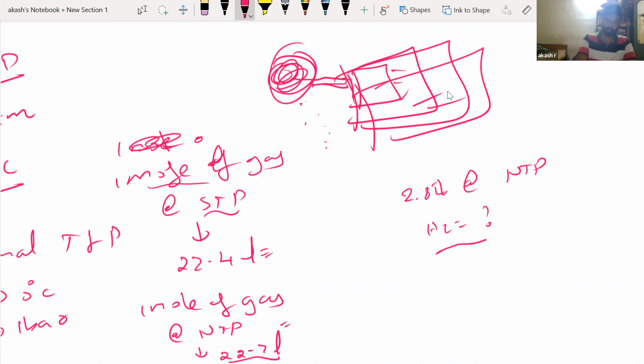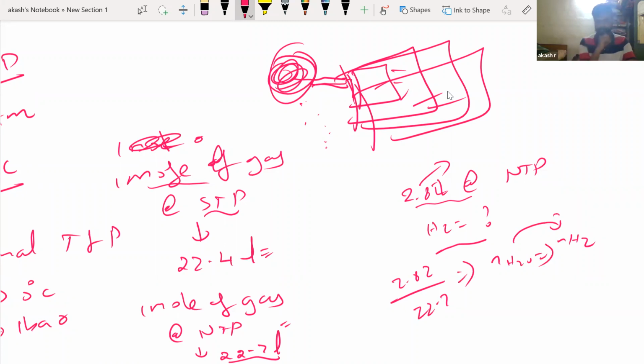Calculate at STP. This much H2 can be there. So that is the volume of H2. 1 mole of any gas. So how many moles is 2.8 divided by 7 will be the number of moles. The same number of moles of H2. Again, that doesn't make sense, right?